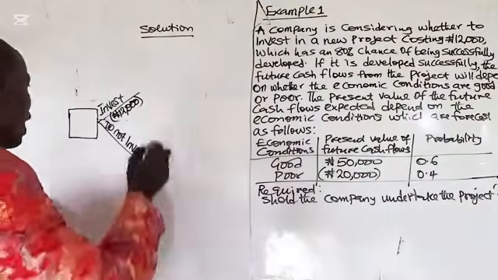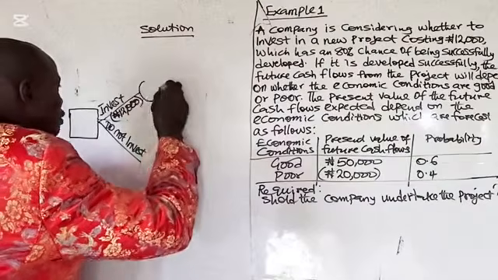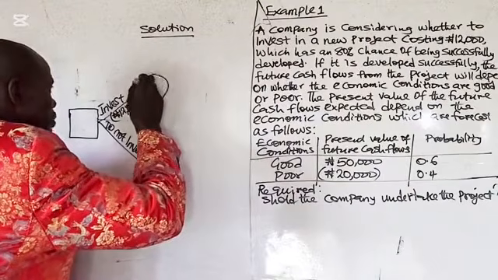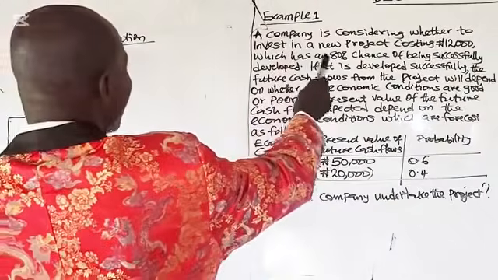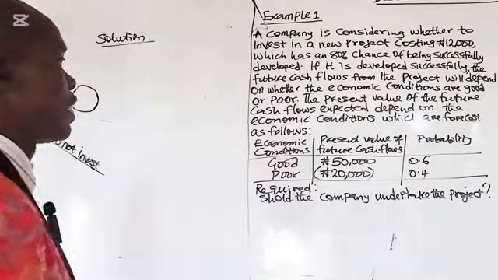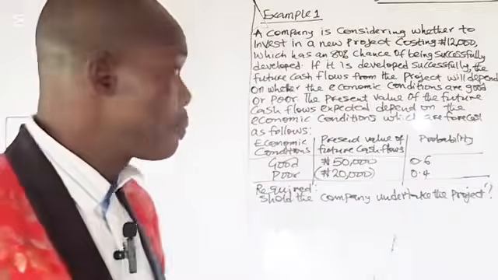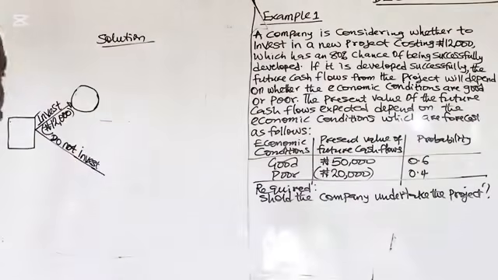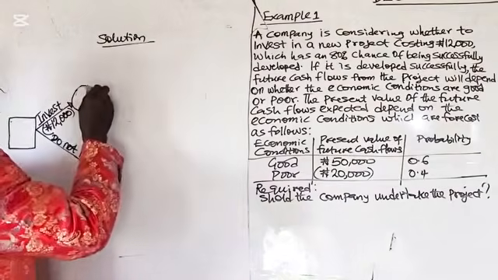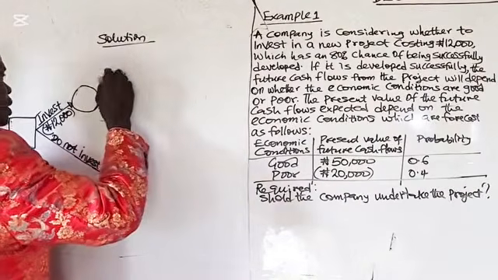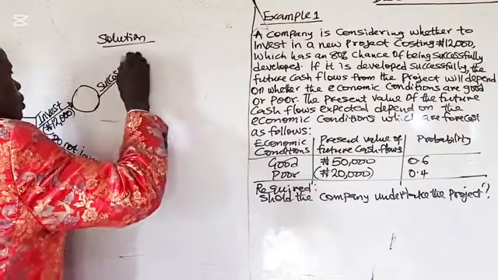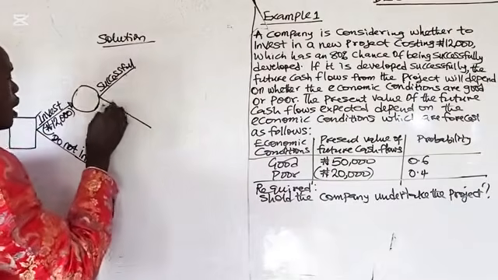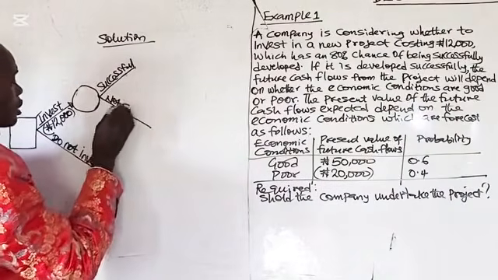Since the probability is given, we use the chance node. Remember, I told you the node on a square is a decision node, and on a circle, that is a chance node. It has an 80% chance of being successfully developed. So that is successful, and then the second option is not successful.